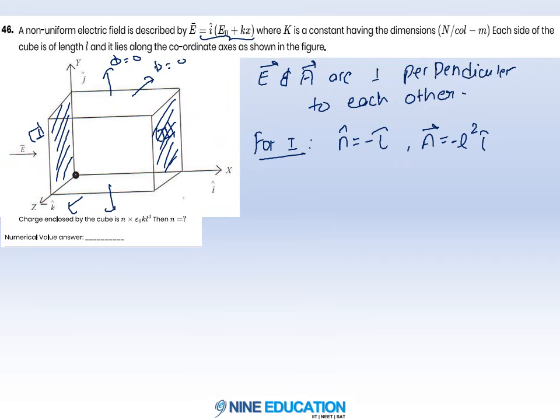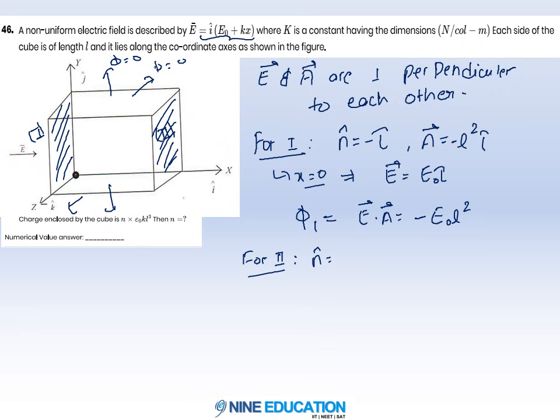And for the first face, the value of x is 0, so E becomes E naught i cap. Okay. So electric flux phi 1 becomes, we know E dot area, so the flux we will get is minus E naught L square. For the second surface, n cap is in i cap direction.